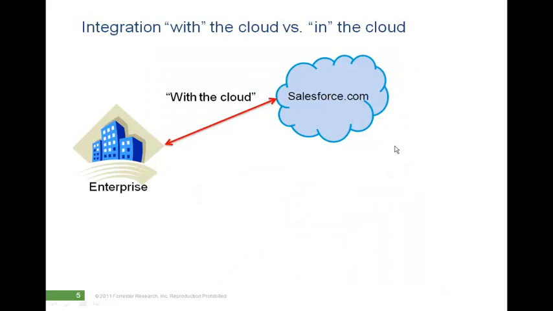So first, we need to look at some terminology that's frequently used when talking about cloud-based integration. The first one is a situation where you have integration with the cloud. This is a case where the integration technology or the integration solution is installed on-premise inside the enterprise and supports interaction with cloud-based applications.